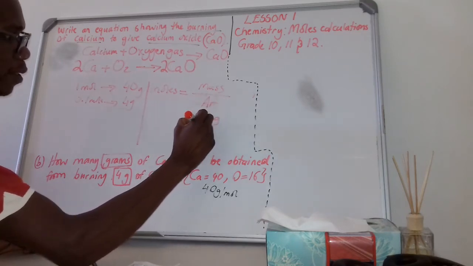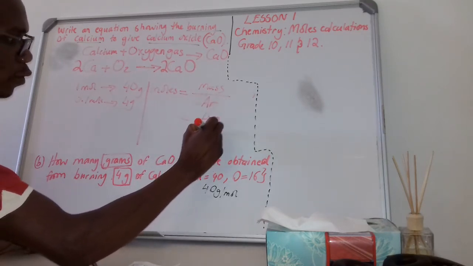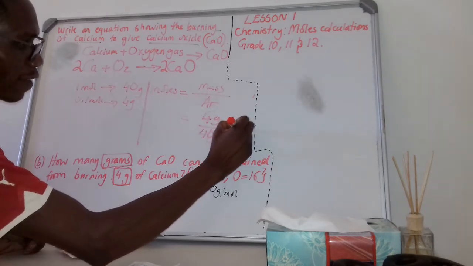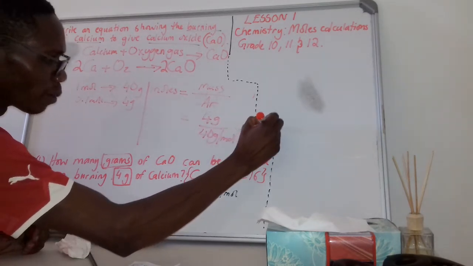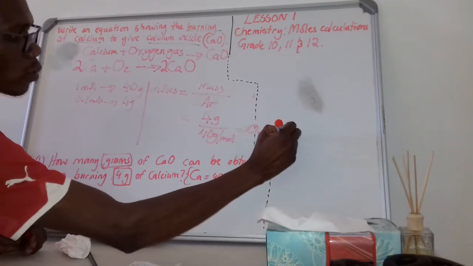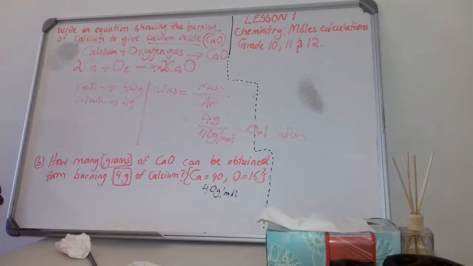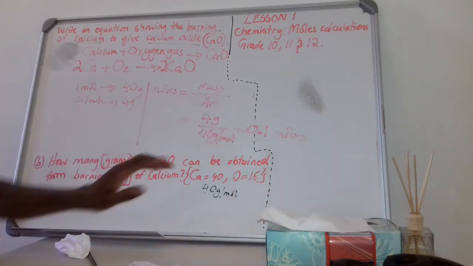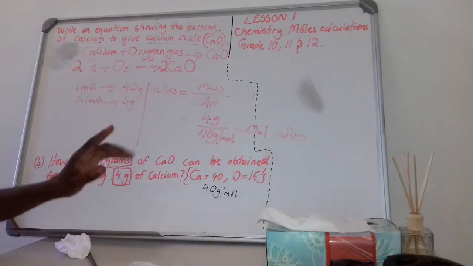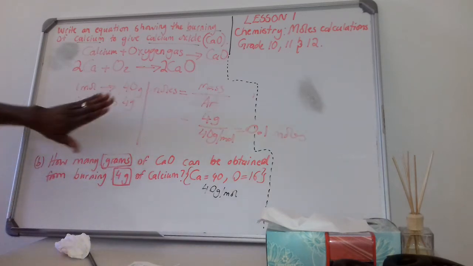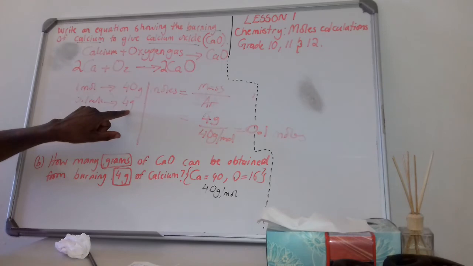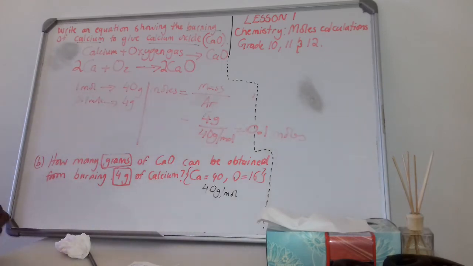We divide 4 grams by 40 grams per mole. That should give us 0.1 moles of calcium. We just converted these 4 grams to moles using the formula or using what we know. We know that 1 mole is 40 grams, so 4 grams should give us 0.1 moles.